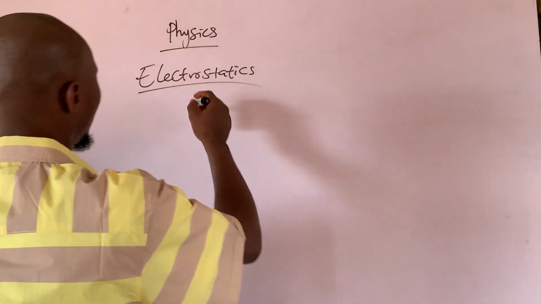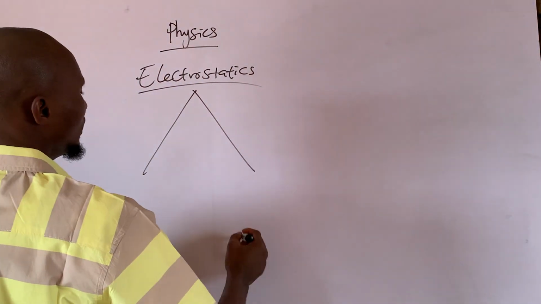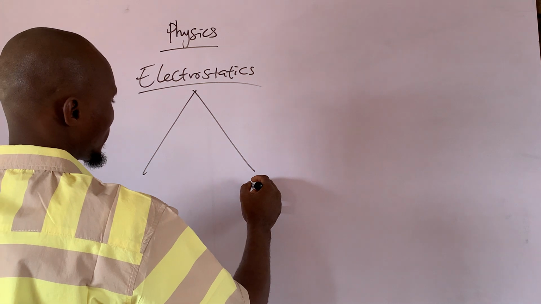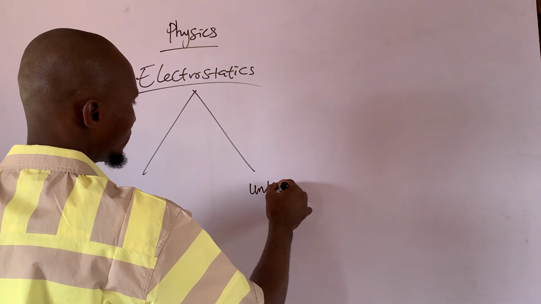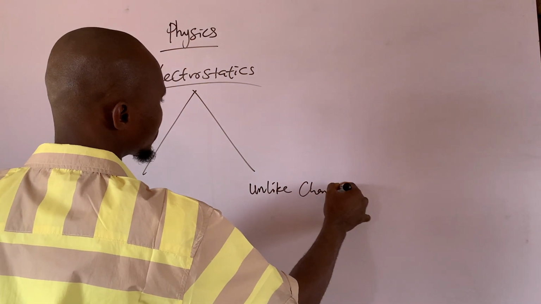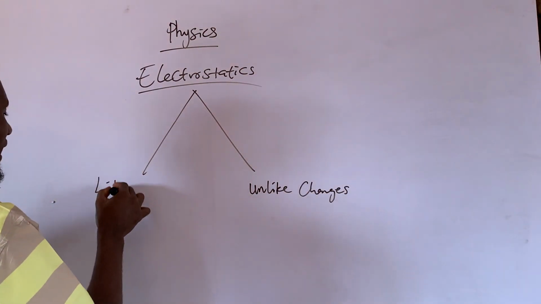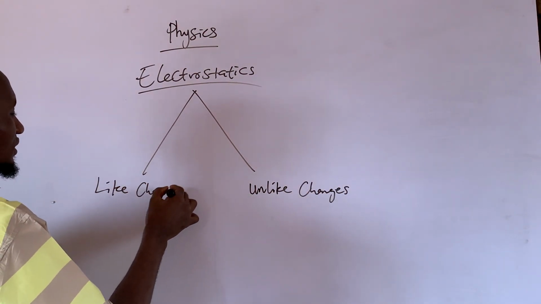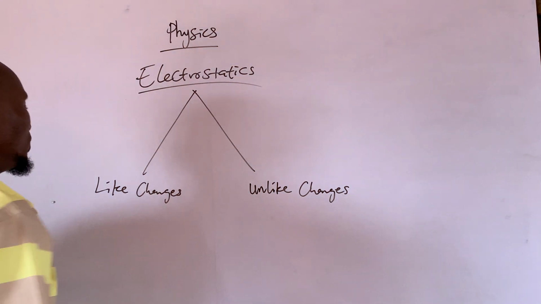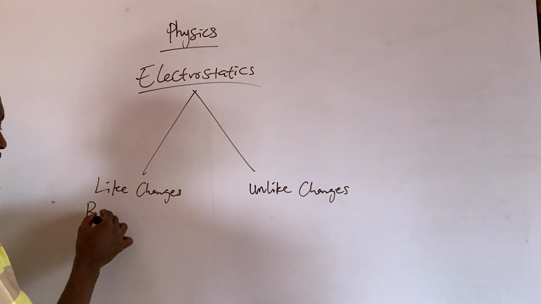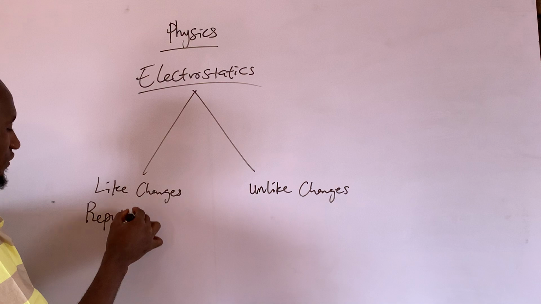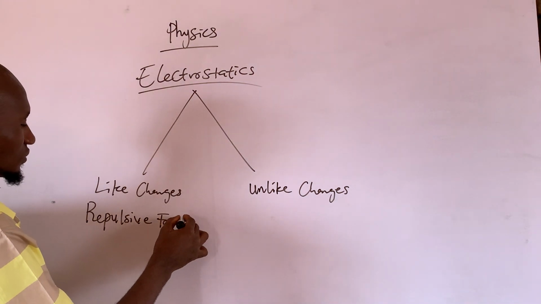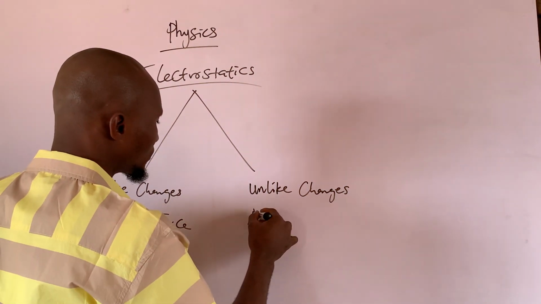Now look up. We have unlike charges here, and we have like charges. We call this repulsive force, and we call this attractive force.